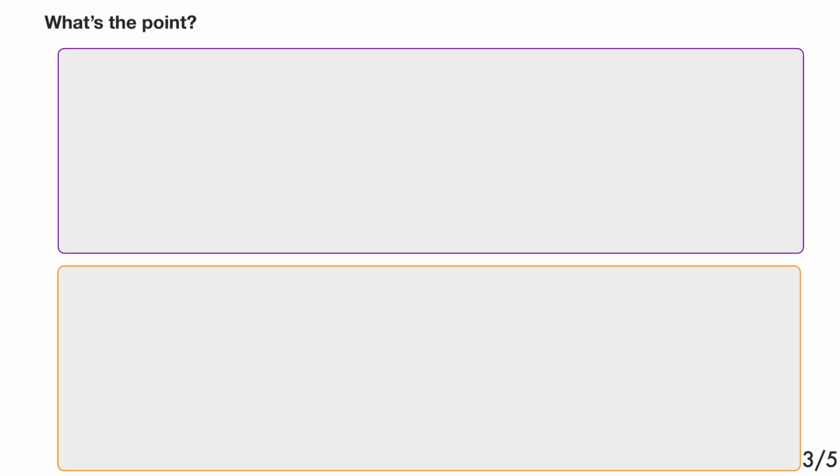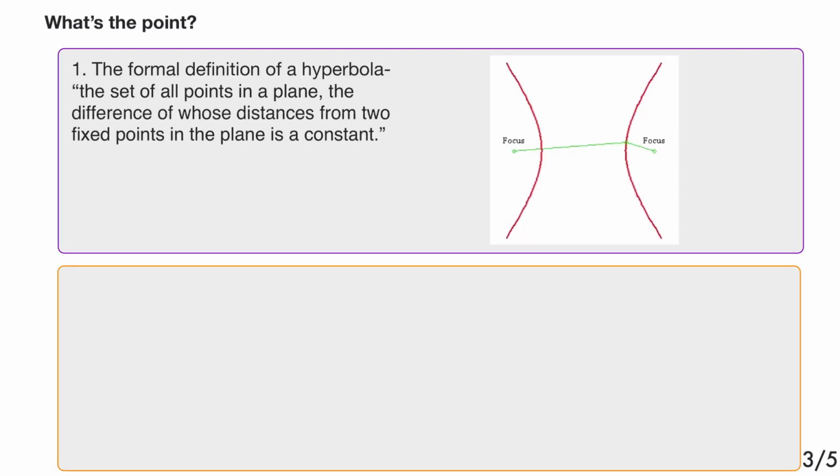So let's go over what the point of learning what a hyperbola is in the first place. First, let's start with the formal definition. If you were to Google, look up in a math textbook, what is the formal definition of a hyperbola, you'd get something like this. It is the set of all points in a plane, the difference of whose distances from two fixed points in the plane is constant.